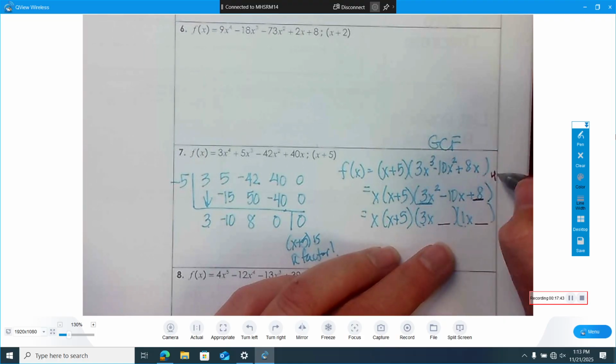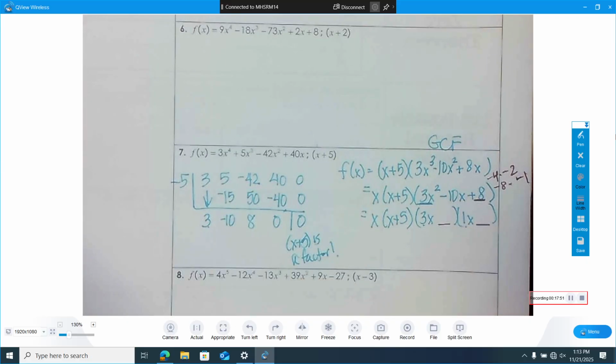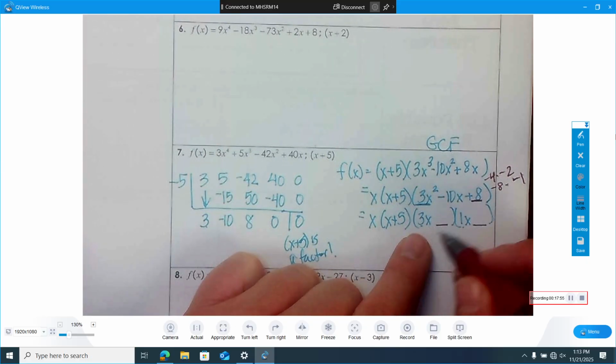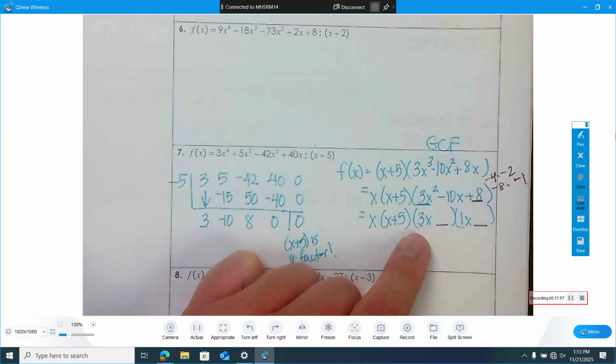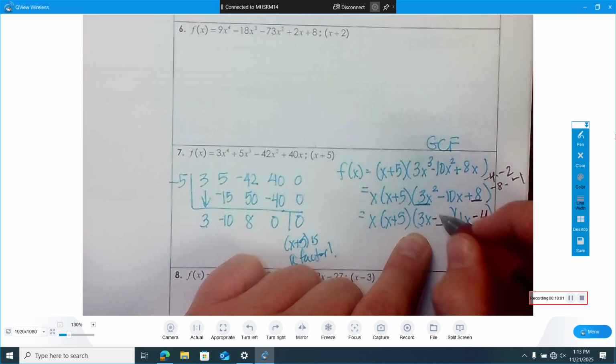Oh, 4 and 2. That will work better. Negative 4 and negative 2. Also 8 and 1. Negative 1 rather. Negative 8 and negative 1 is an option. But negative 4 and negative 2. Let's see. I want that minus 4 on the outside and the minus 2 on the inside.